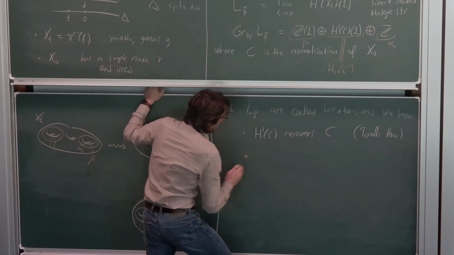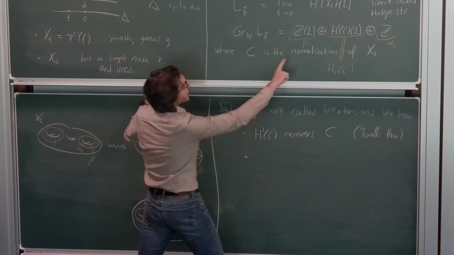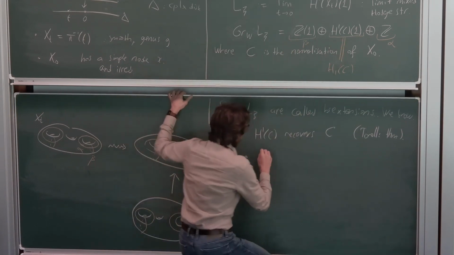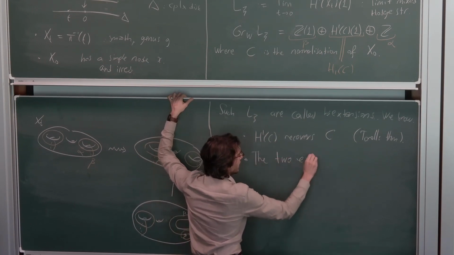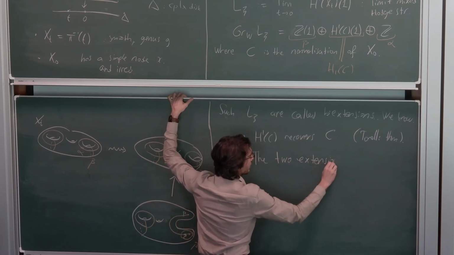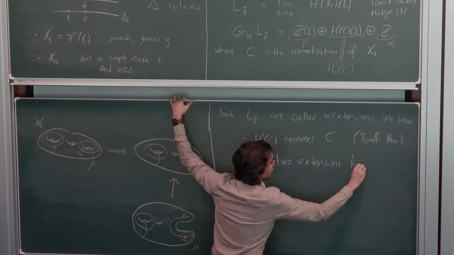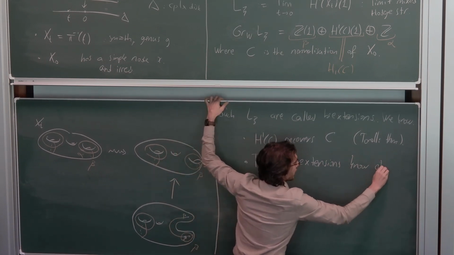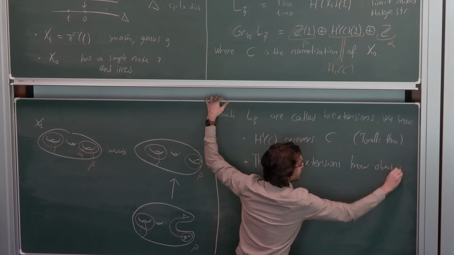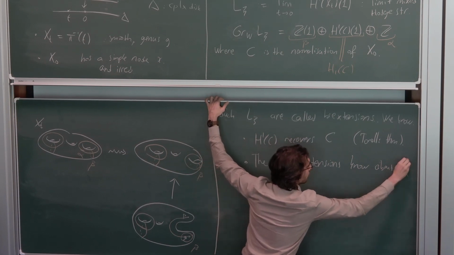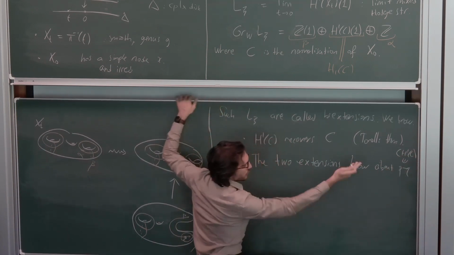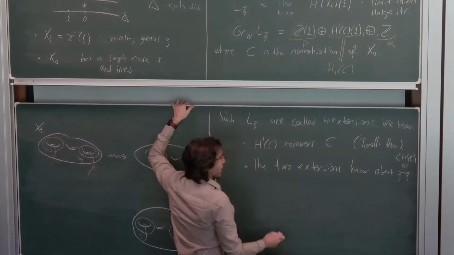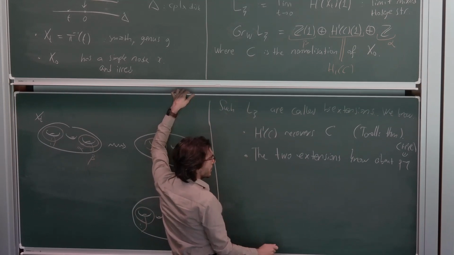Second, the additional extensions, the two extensions, know about P minus Q. So this could be viewed as an element of the Chow group in C. And here's how we can represent this.